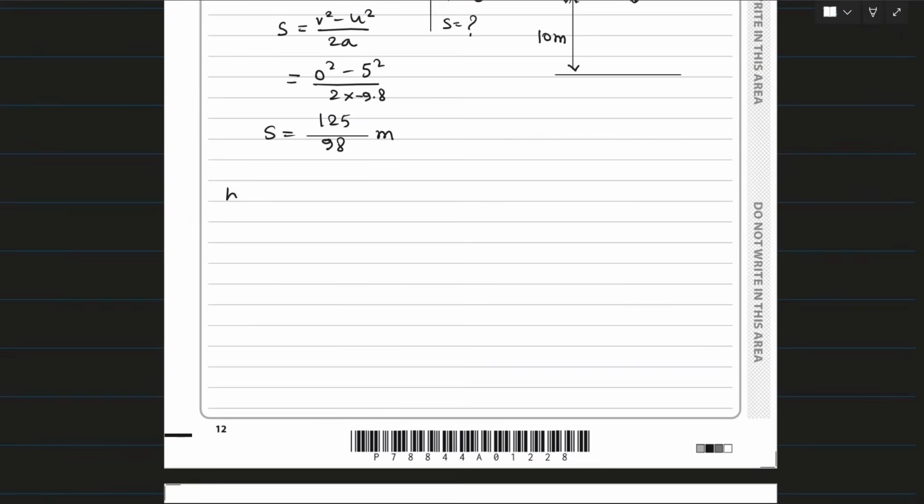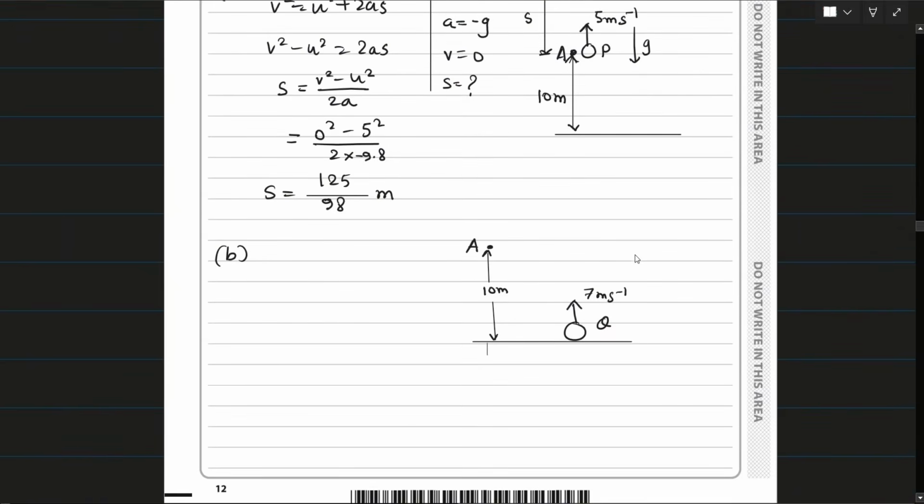So let's see what information we have here. There is another particle, particle Q, which has an initial velocity of 7 meters per second and is projected upwards. Particle Q is on the ground, and we already know from our previous question that point A is 10 meters above.